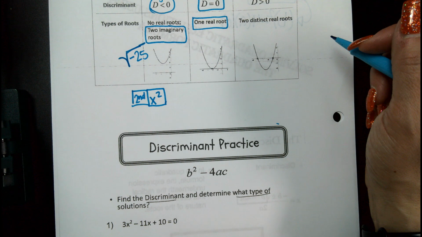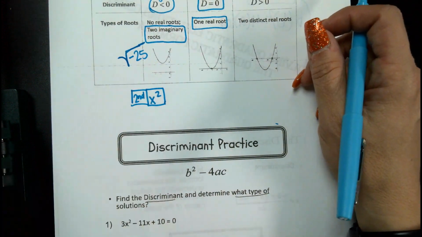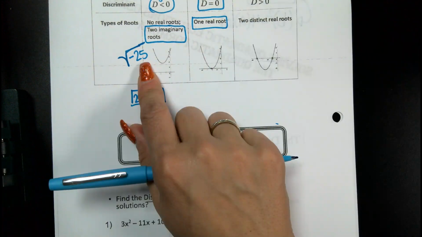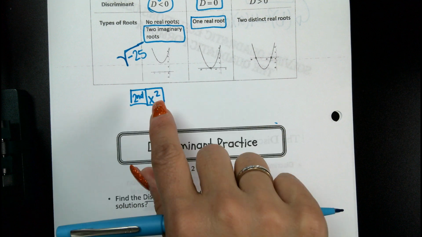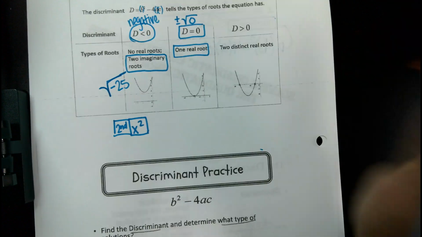What that means is you cannot take square roots of negatives, because think about it. The square root of a number is the number times itself, and negative 5 times negative 5 would give you positive 25, not negative 25. So negative numbers don't have real square roots. That's why if your answer is negative, it's two imaginary solutions, okay?